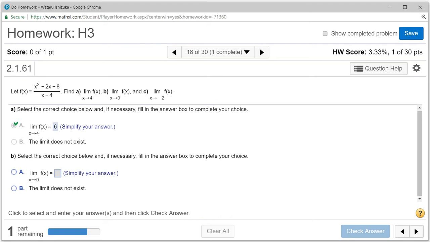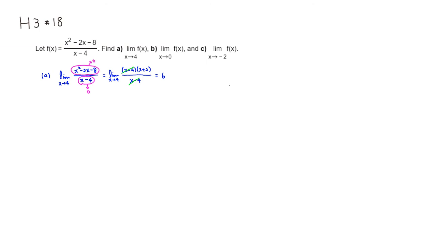All right, part B. Now x is approaching 0 this time. Same thing: the limit of x squared minus 2x minus 8 over x minus 4 as x approaches 0.